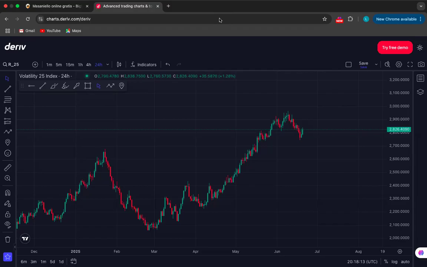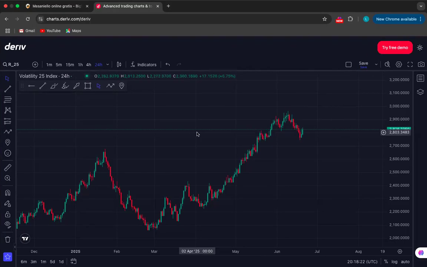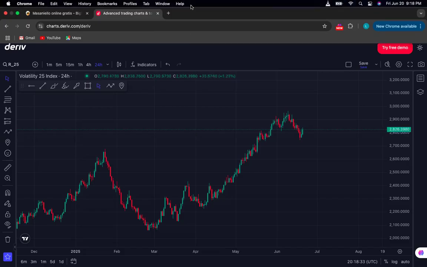Now, again, for my VIP and my VVIP group: the VIP group is, after showing you all this, how to apply it properly, the money management and everything. That's what the VIP group is for. And then the VVIP group is for those that want to actually trade with me.